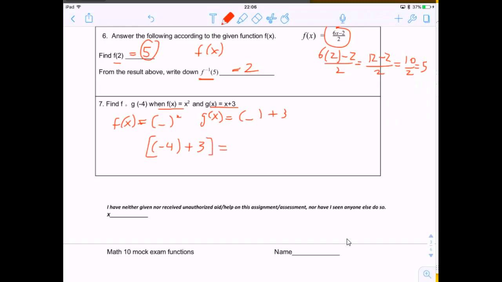So let's see what this equals to. It equals to -1, and then we're going to put it inside the f function. The f function is that, so I'm going to put -1 in there. -1 times -1 is positive 1. Okay? So I put -4 into the g function, and then the result, which is -1, I put it into the f function, and then the result was 1.